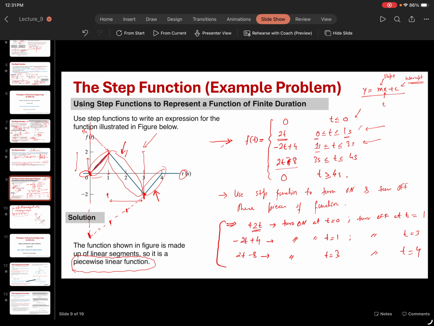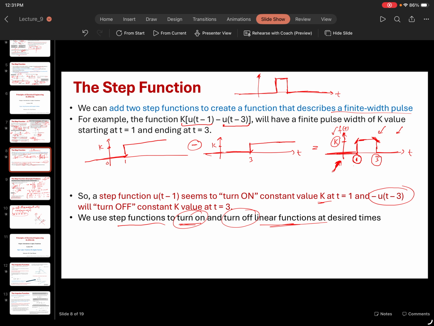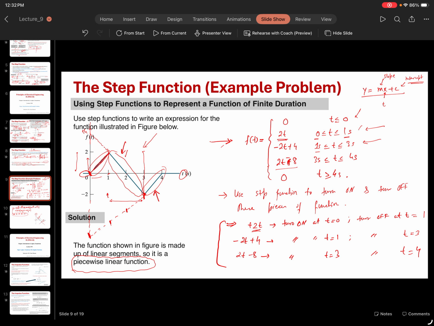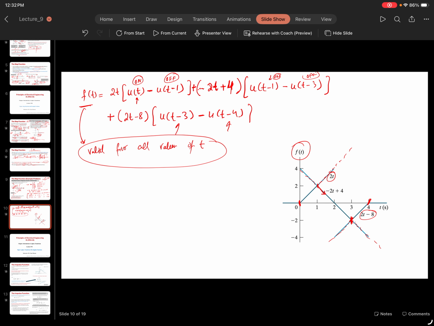We also looked at how we can use step functions to turn signals on and off. And we converted a piecewise linear function into one linear form which is valid for all values of t by using step function applications. In the next part of the lecture, we're going to focus on the impulse function.